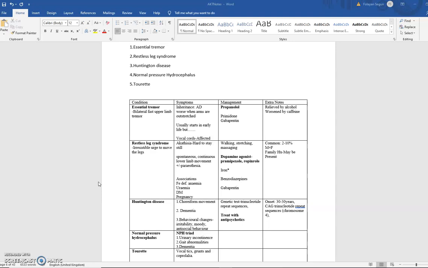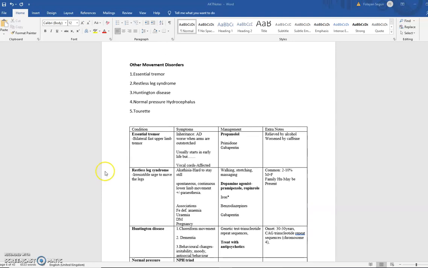Secondly, we'll be talking about restless leg syndrome. Characteristically, restless leg syndrome gives a person an irresistible urge to move the legs. A patient with restless leg syndrome has an irresistible urge to move the legs.